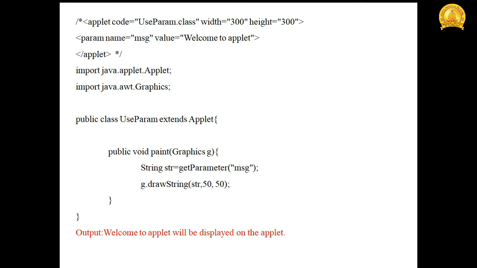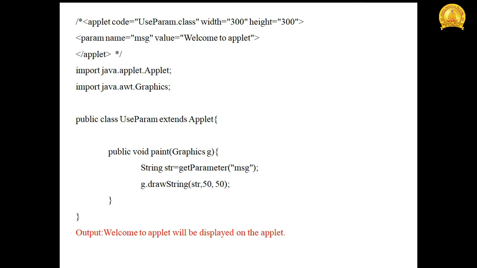Inside getParameter, I have to give the name of the parameter. What is the name of the parameter? MSG is the name of the parameter. So in double quotes, you have to give MSG. Now getParameter is a method which will return the value of the parameter. So let's store the value in a string variable called str.